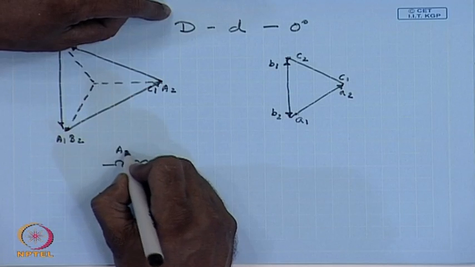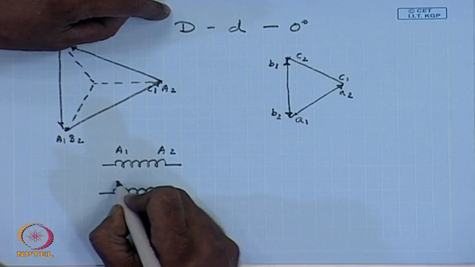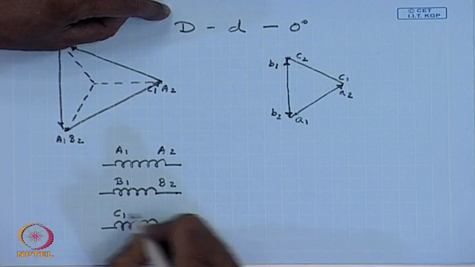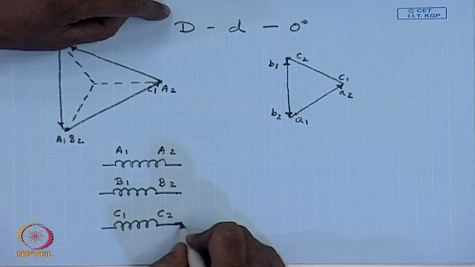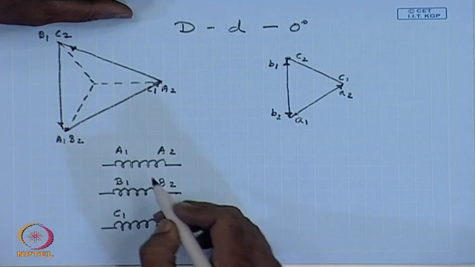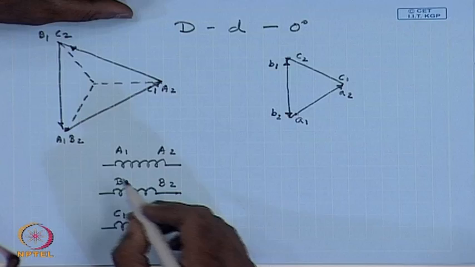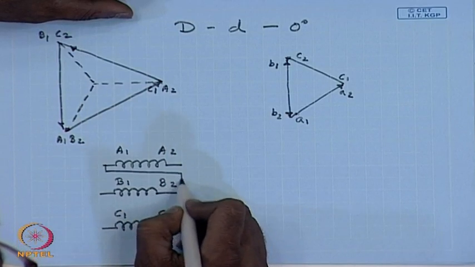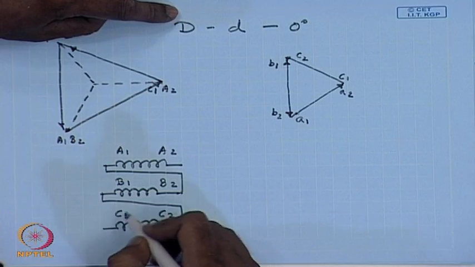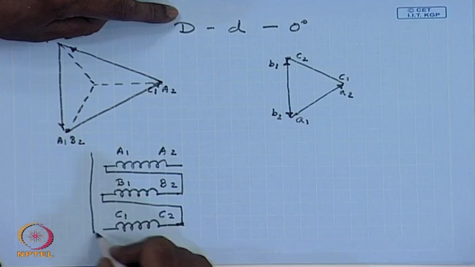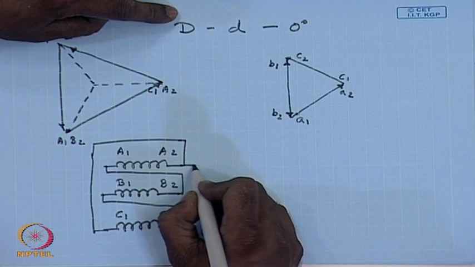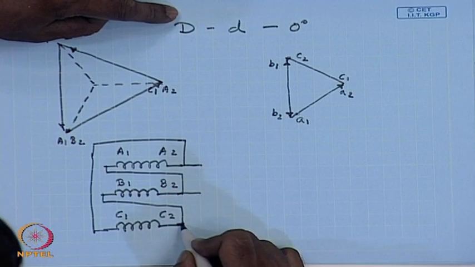This is A1, A2, B1, B2, C1, C2. Connections are made by connecting A1 to B2, B1 to C2 and C1 to A2. And the supply is given to A2, B2, C2.